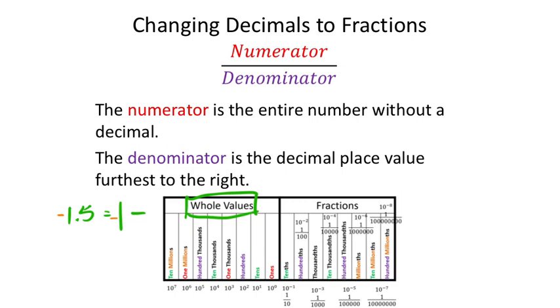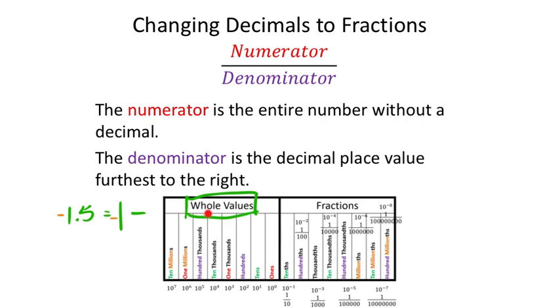But this is going to reduce the amount of work we need in order to change a decimal into a fraction, because some of them are not just going to be straight decimals. Some of them are going to be mixed between the whole values and the decimals like this. Okay, so here's what we do: we're going to create the fraction ourselves like this.